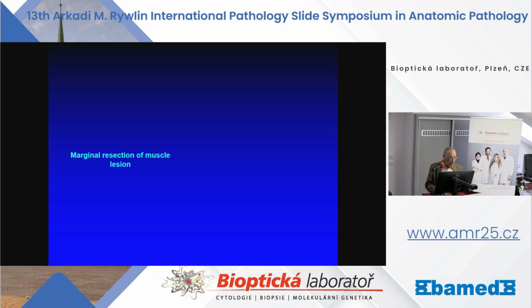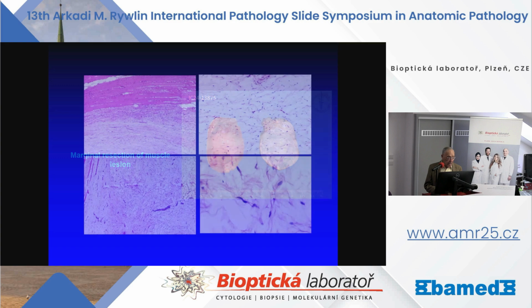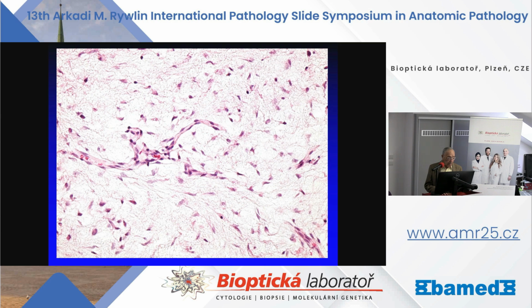They did a marginal resection, and the tumor, the cut surface, was somewhat gelatinous, and the histology is like this. Few vessels, no atypia, myxoid background. Some small capillaries, nothing else.